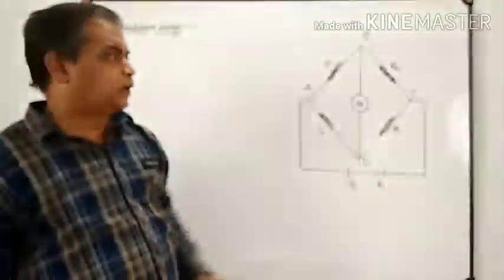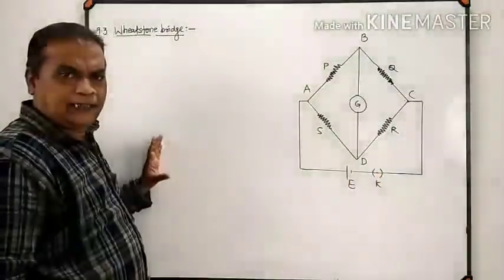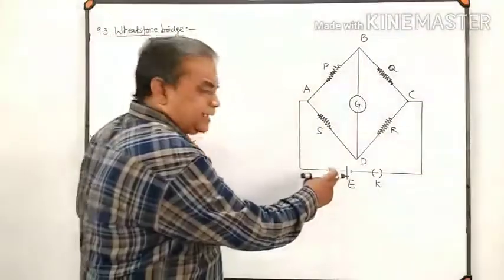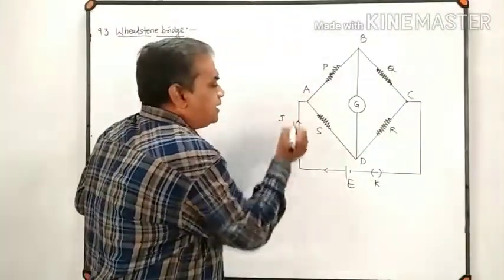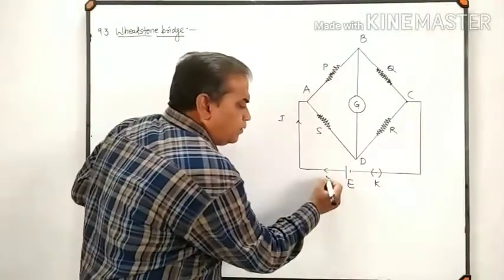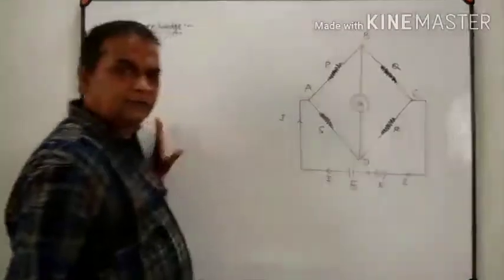Now how will this Wheatstone's bridge work? As soon as we close the key K, this battery sends the current I. That current I starts flowing from its positive terminal and comes to end at its negative terminal.